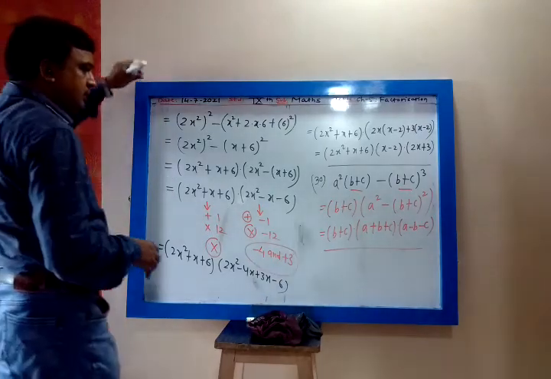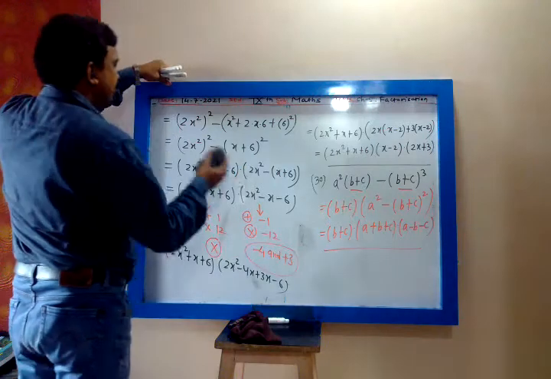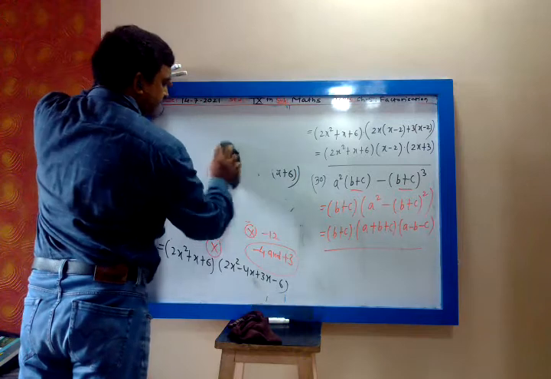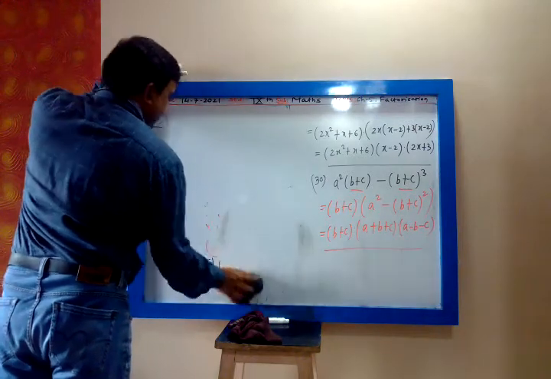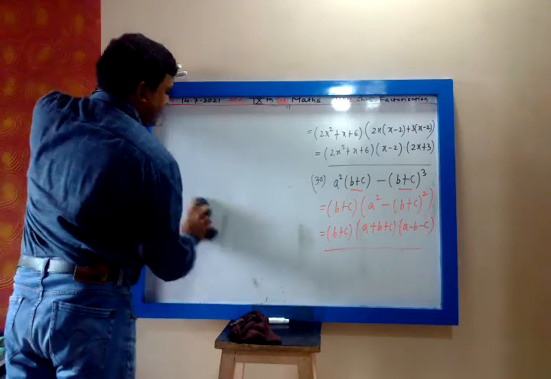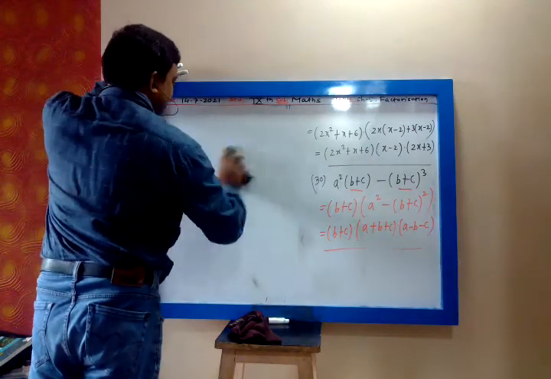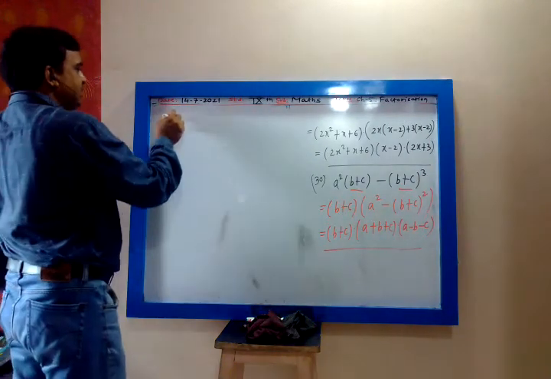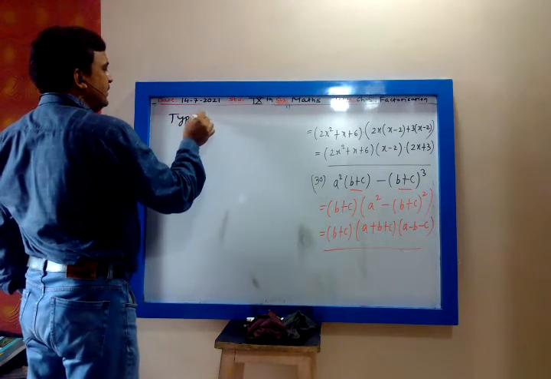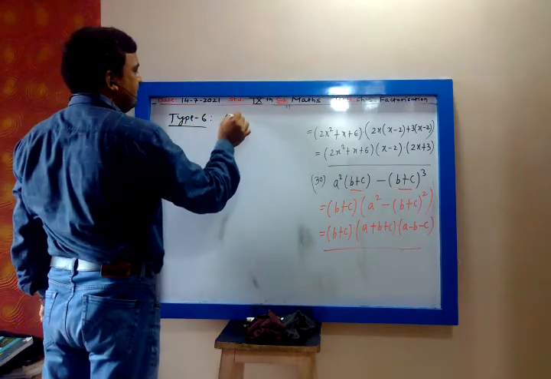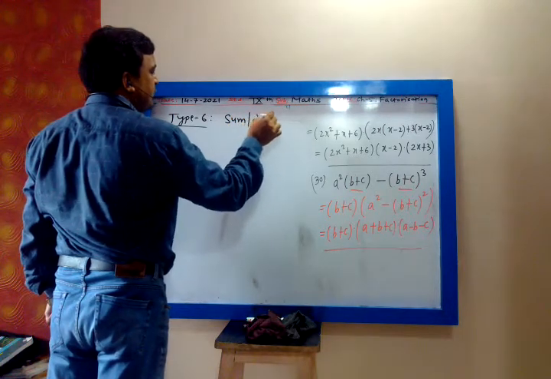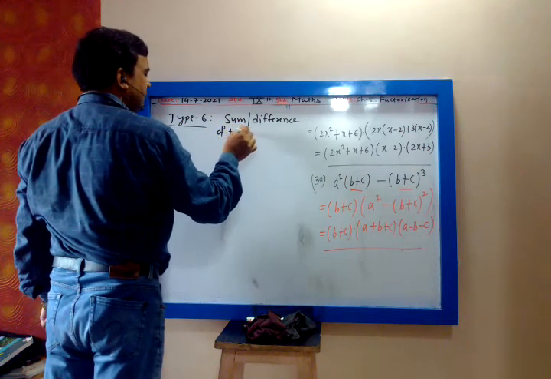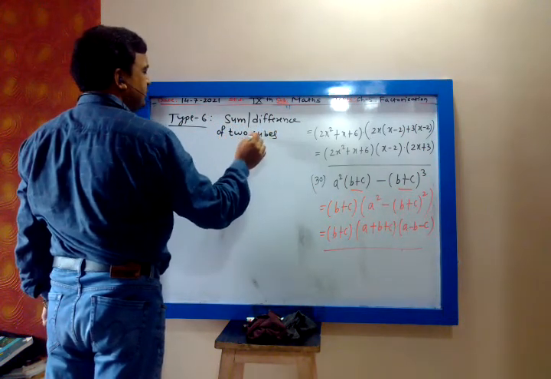Now let us solve the next one. Type 6 is sum or difference of two cubes.